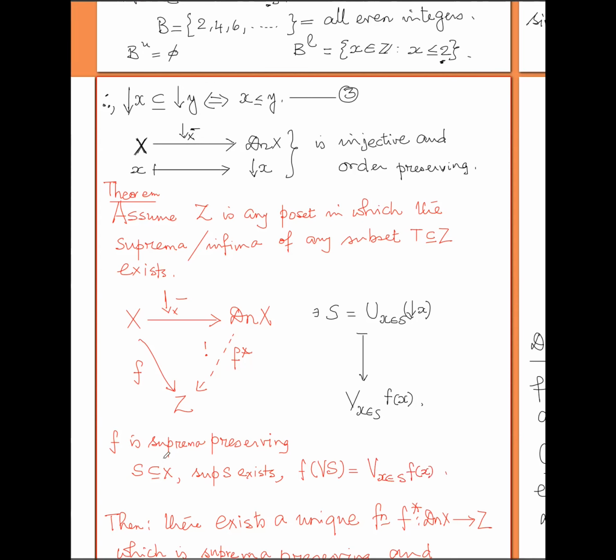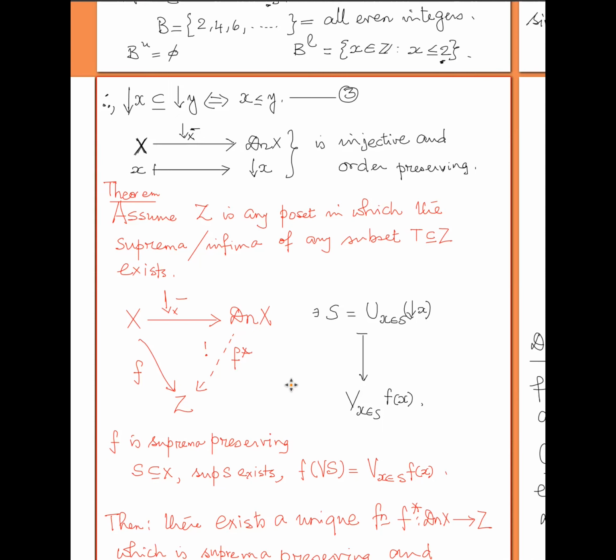Okay, so if it is a suprema preserving map, you can see such maps are obviously order preserving, because if you take a 2-point set, its suprema is the join. So whenever this join exists, it preserves those joins. That's the idea over here.